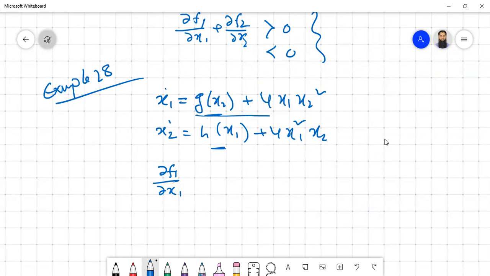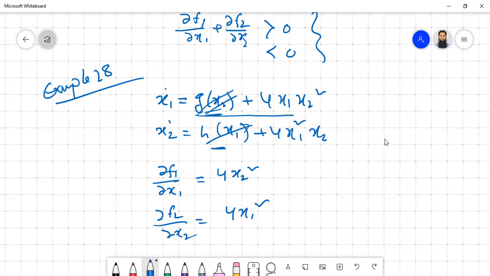With respect to x1, the first term has x2 only, so it vanishes, it's constant. So what is left is 4 x2 square, and if you find del f2 by del x2, again the first term is constant, so what you get is 4 x1 square.